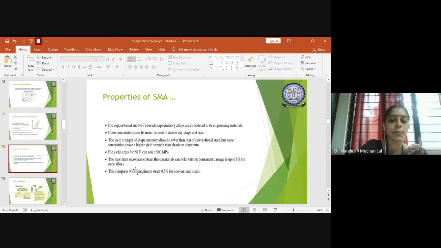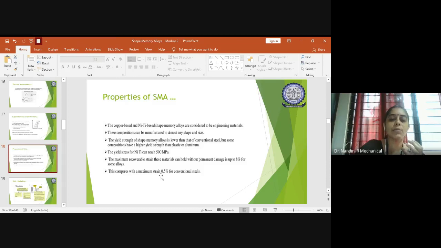And the last property of shape memory alloy is that this compares with a maximum strain of 0.5% for conventional steel. Here the things are referred with respect to conventional steel. I told you that yield strength is comparatively higher in conventional steel in comparison to shape memory alloys.